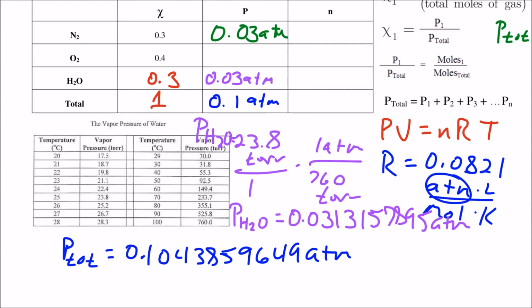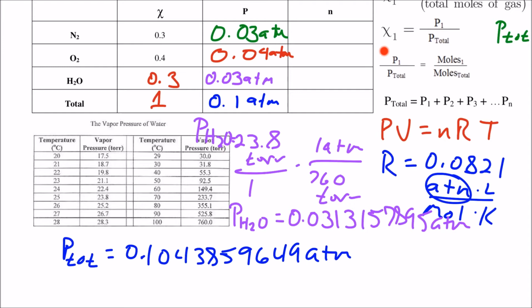Since I've already got the total pressure stored in my calculator, I'm going to just multiply that times the 0.4 value, because that seems easiest to me right now. That's going to give me 0.04 atmospheres for my partial pressure of oxygen. All right? And if you add up those values, you are definitely getting 0.1 atmosphere, so we did that right. Now let's move over to the moles part of this, okay?